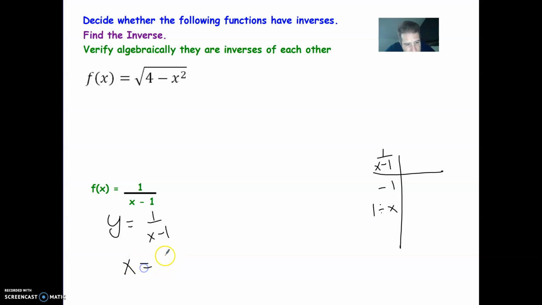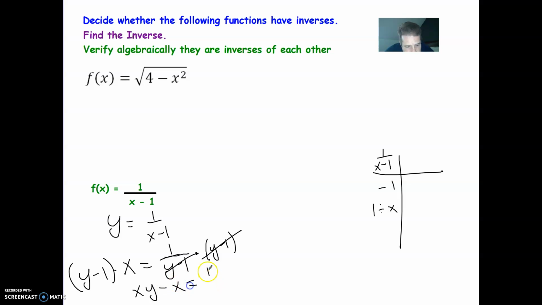Switch them. You get x equals 1 over y minus 1, and then I want to get y by itself. So I'm going to have to get rid of that minus 1. The easiest way would be to multiply both sides by y minus 1. So that gets rid of this. Distribute. So I have xy minus x equals 1.